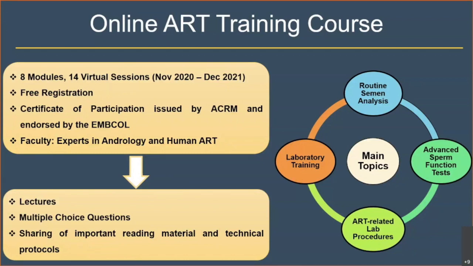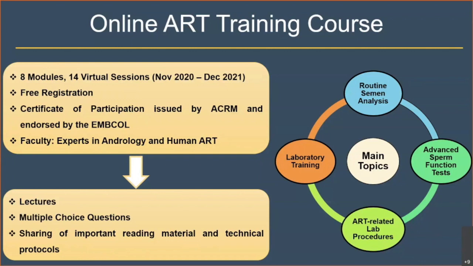We have experts in andrology and human-assisted reproduction who serve as faculty for the program. We have lectures, multiple choice questions, and sharing of important reading material and technical protocols provided to every single person who has registered.